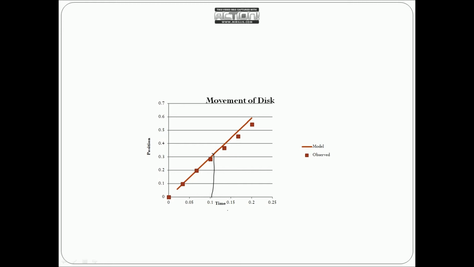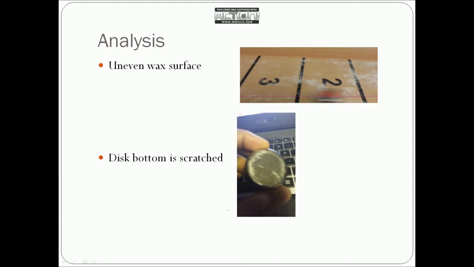This phenomenon is observed for a few reasons. The surface on which the disk was slid was covered with wax, however the wax was not distributed evenly. The wax makes it easier for the disk to slide by reducing friction.